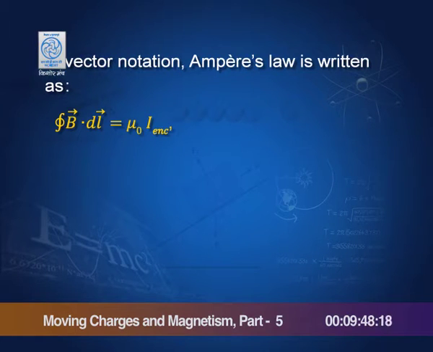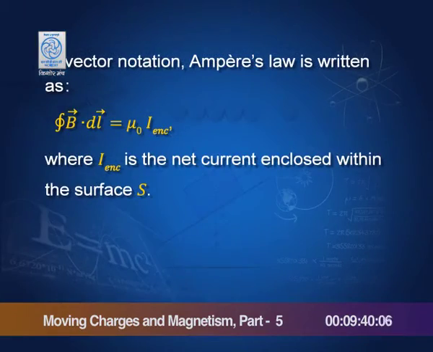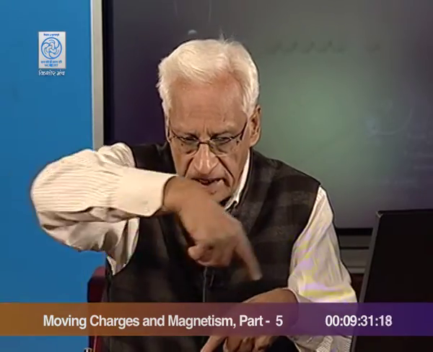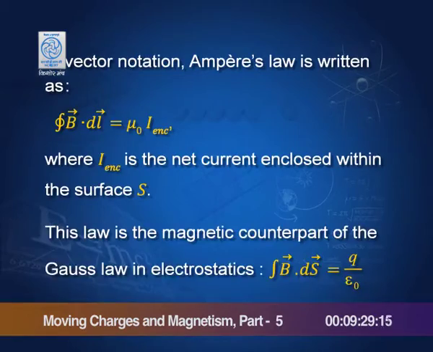In vector notation, Ampere's law is written as the integral of B dot dl, where B dot dl is obviously the parallel component, equal to mu 0 times I enclosed, all the currents which pass through the surface enclosed by the loop. This law is the magnetic analog or counterpart of the Gauss law in electrostatics.